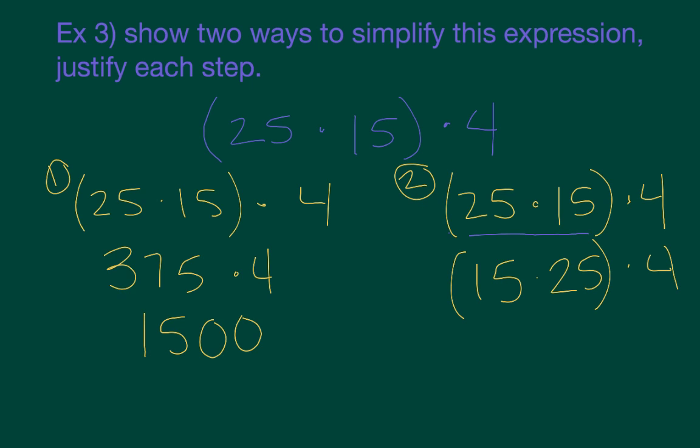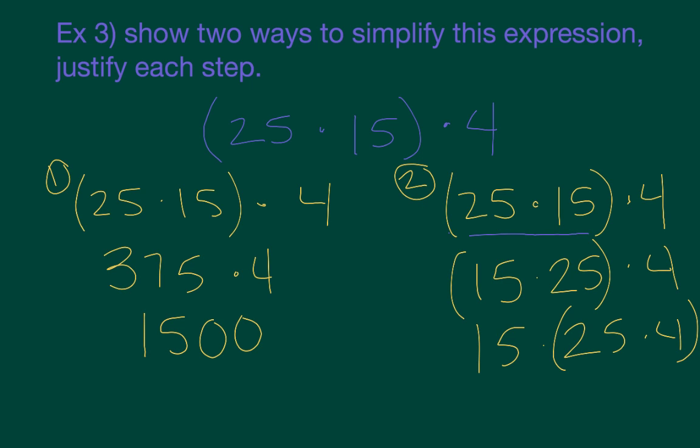Me moving these numbers around now allows me to move the parentheses. Let's change the parentheses over to where it's going to be around the 25 and the 4. So I did the commutative property first by moving the numbers around, then the associative property by moving the parentheses around.